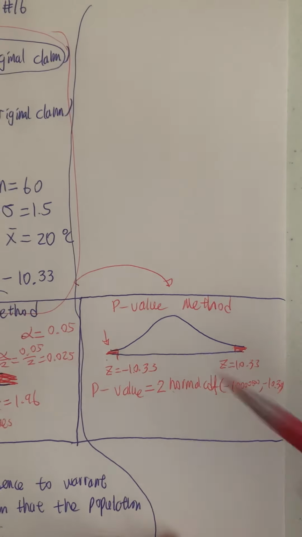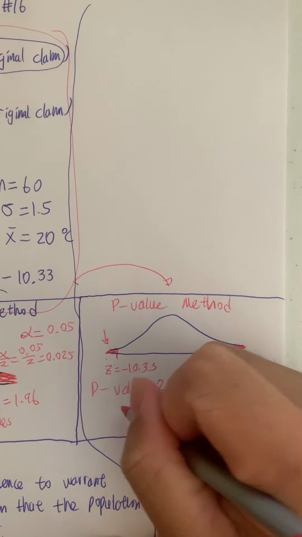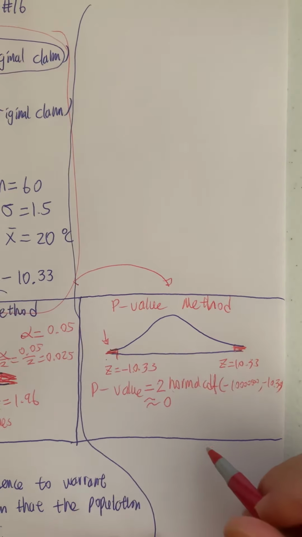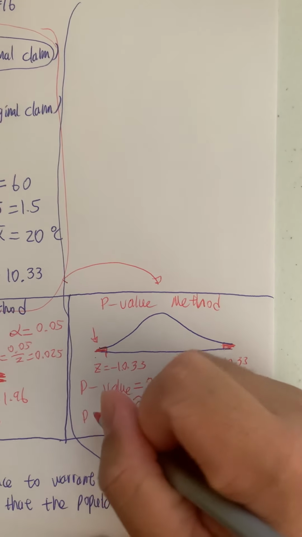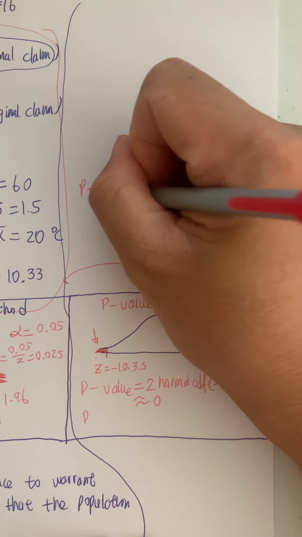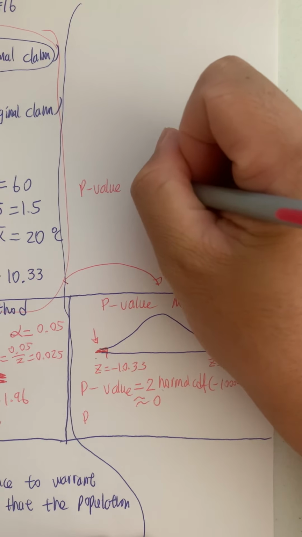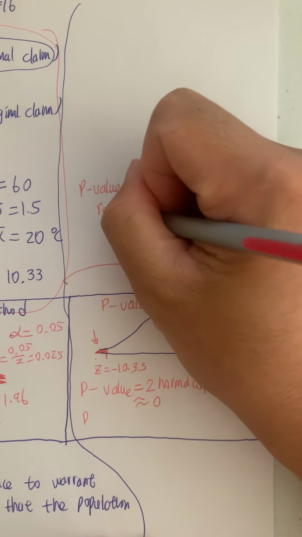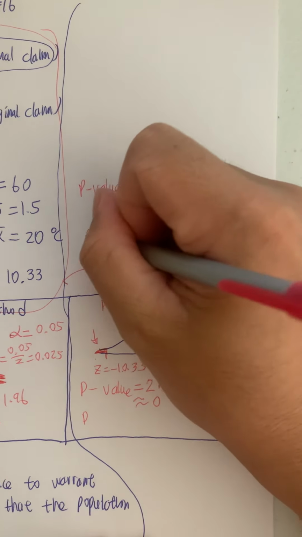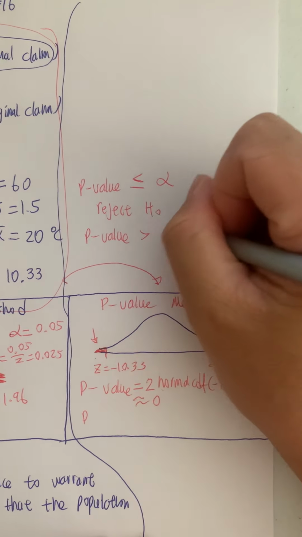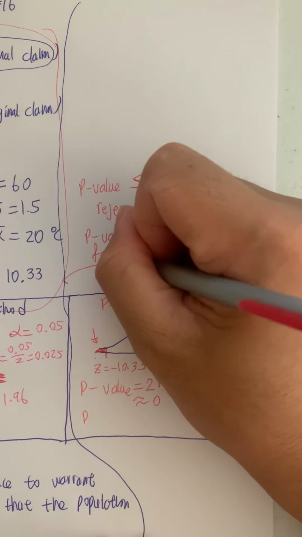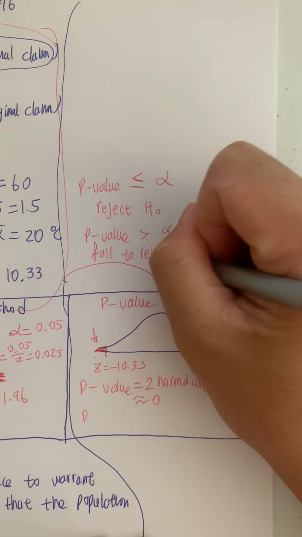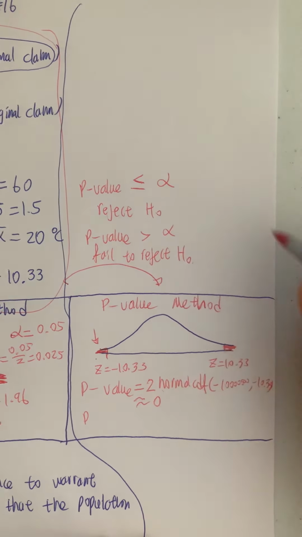If you put it in the calculator, it gives you almost 0. Then you compare the p-value: if it is less than or equal to alpha, you reject the null. If the p-value is greater than alpha, you fail to reject the null hypothesis.